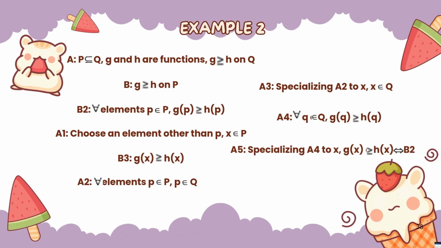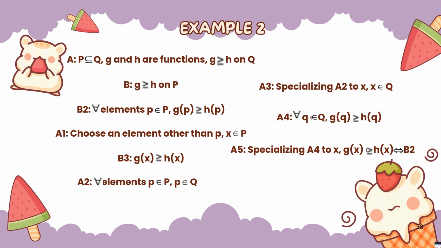Example 2: P is a subset of Q, where g and h are functions. g is greater than or equal to h on Q. For B, g is greater than or equal to h on P. For all elements x in P, g(x) is greater than or equal to h(x).